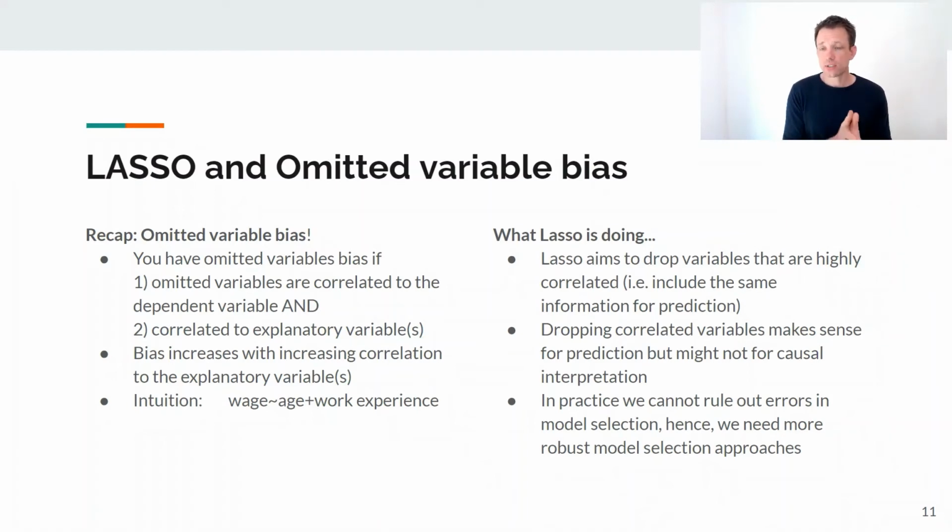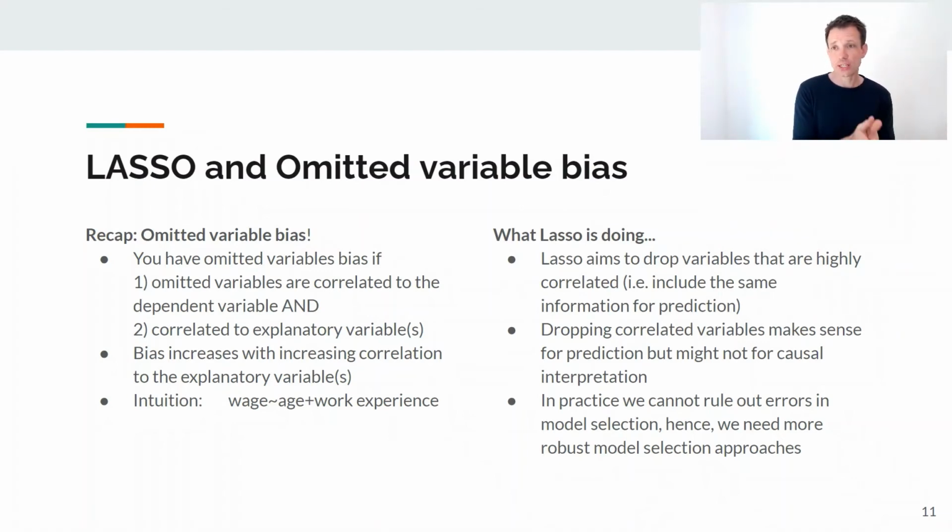So Lasso checks systematically in all kinds of ways how to drop variables that basically contain the same information, that is, that are highly correlated with each other. That perfectly makes sense in a prediction context, and that is what Lasso was developed for, but it might not in a causal interpretation context, as we have just discussed.